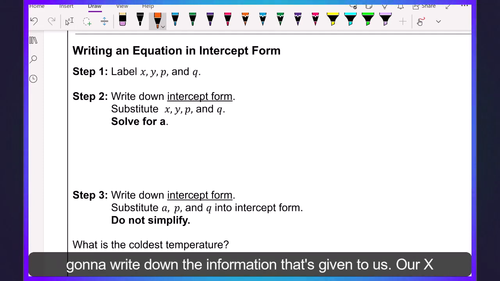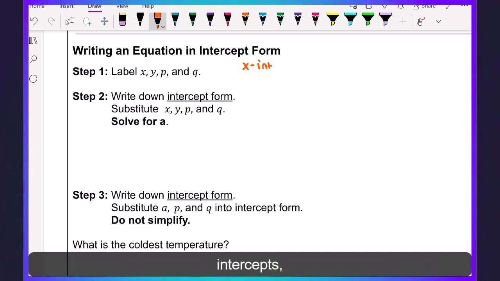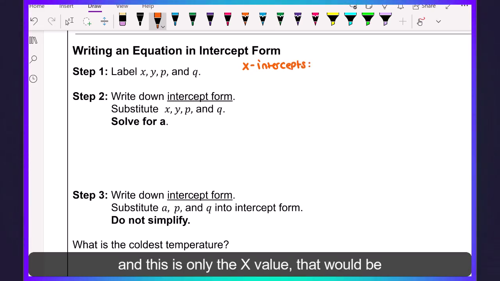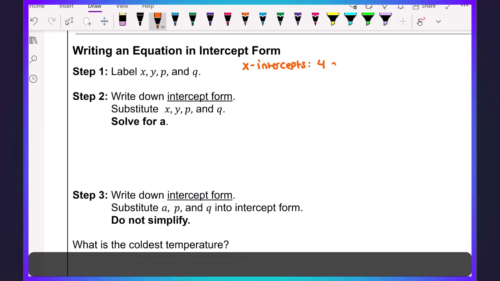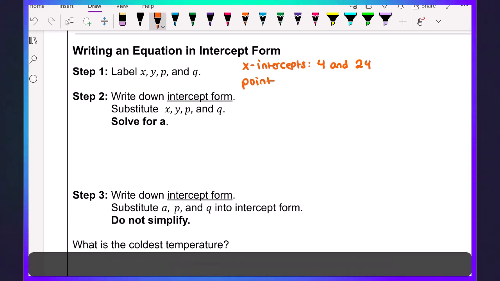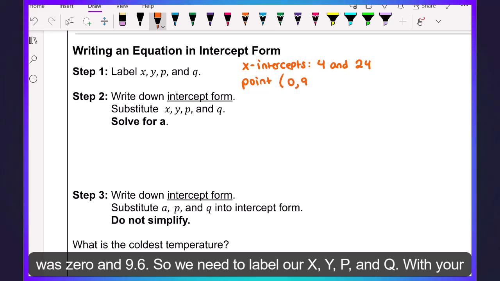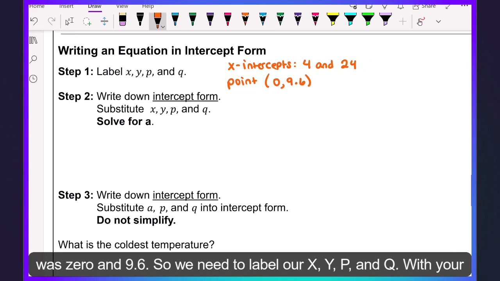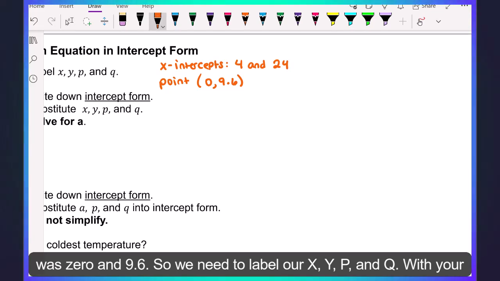We are going to write down the information that's given to us, our x-intercepts, and this is only the x value. That would be 4 and 24. And the other point on the graph was 0 and 9.6. So we need to label our x, y, p, and q.